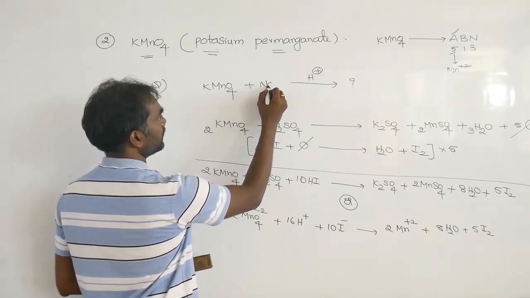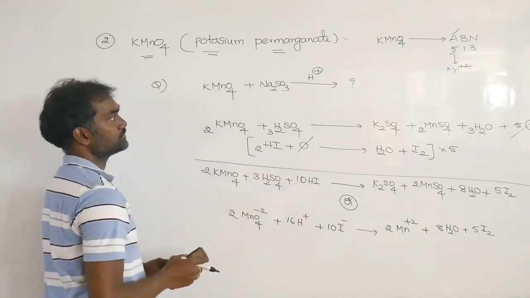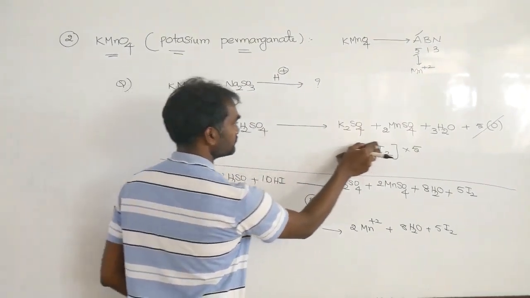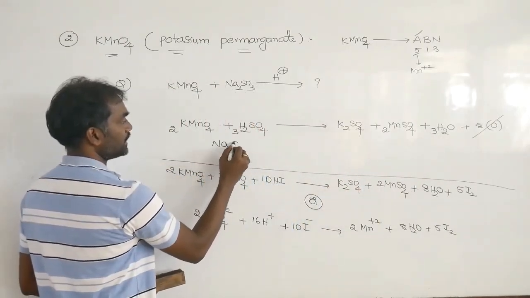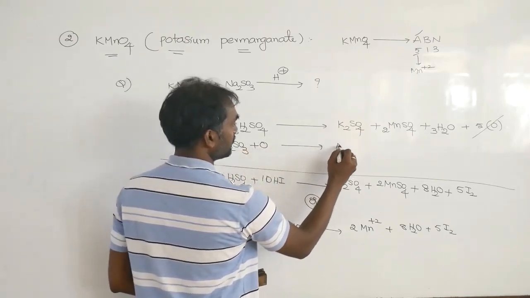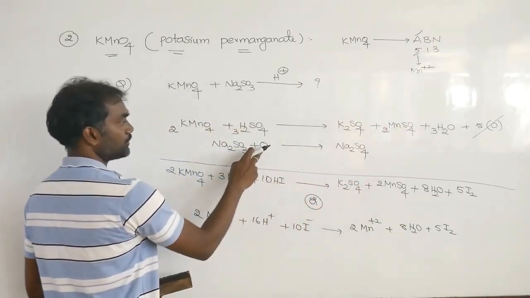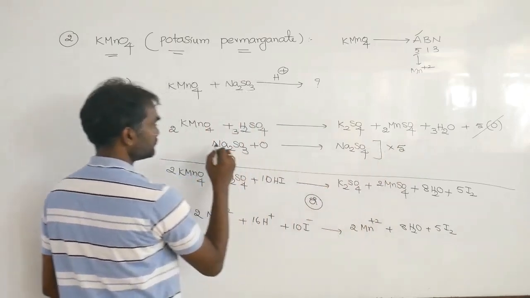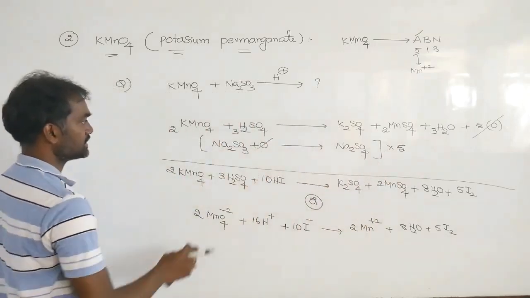See, you take Na2SO3 solution. First of all, you take the basic equation. So what happens? You take Na2SO3 plus oxygen, you are getting Na2SO4. Above 5 are coming, here 1 only, so you multiply with 5. So 5 oxygens cancelled.